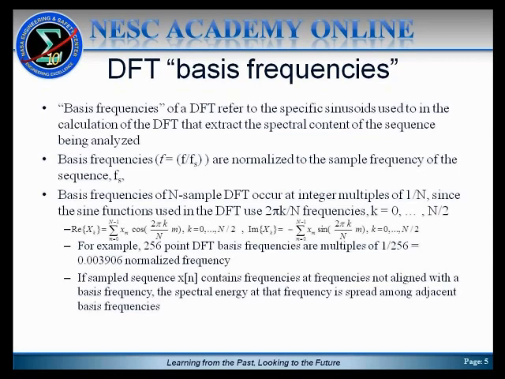That will cause some mixing of the frequency content that will have to be sorted out. Some of the techniques we'll talk about farther on in this discussion will help minimize the results of sharing the signal energy among adjacent sinusoids and trying to sort out where the frequency really occurs.